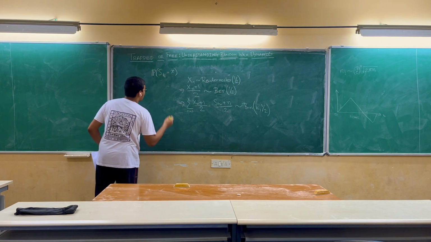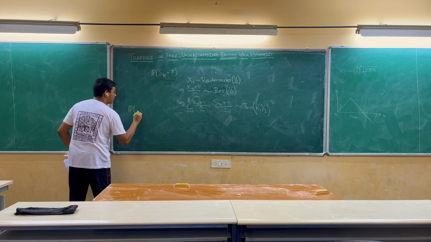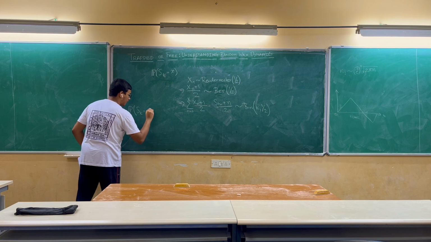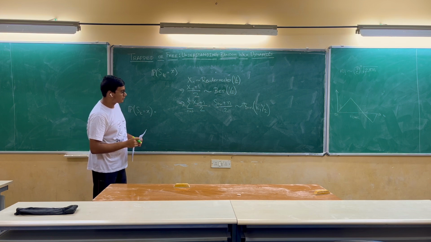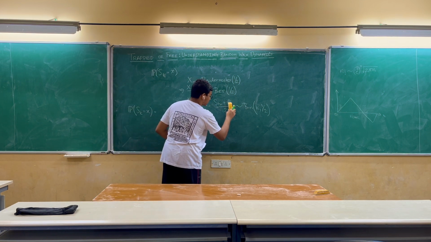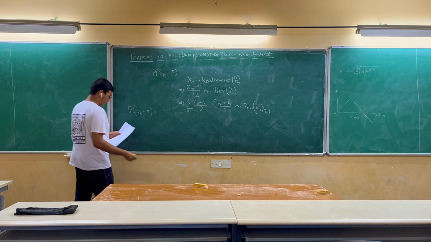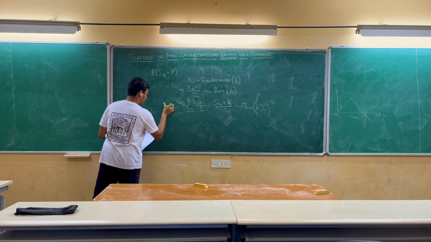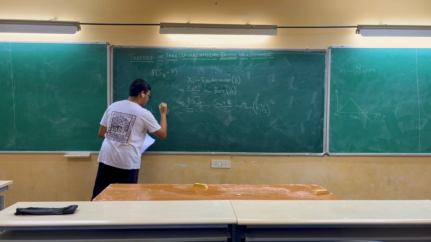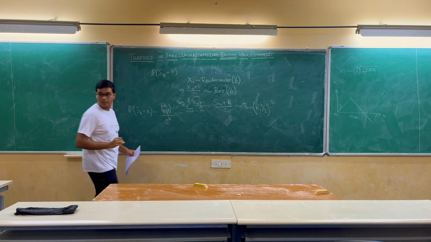Now this will help us to evaluate this probability. So the probability that S sub k is equal to x is actually now given by k choose (k plus x) by 2, divided by 2 to the power k.